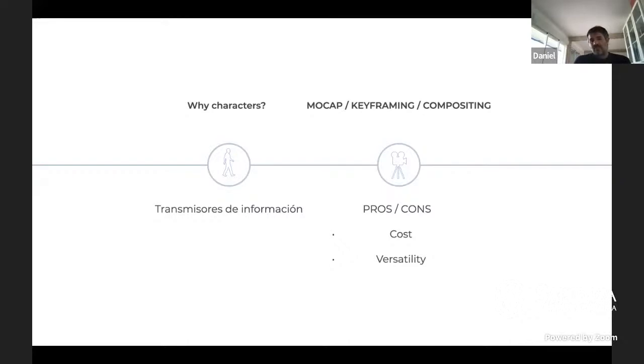Just to close this part of the presentation, why characters? Because, I'm sorry, it's in Spanish. Well, because they are important as well. We are too used to seeing almost only buildings and artifacts in virtual recreations, at least at our level, at an indie or academic level.